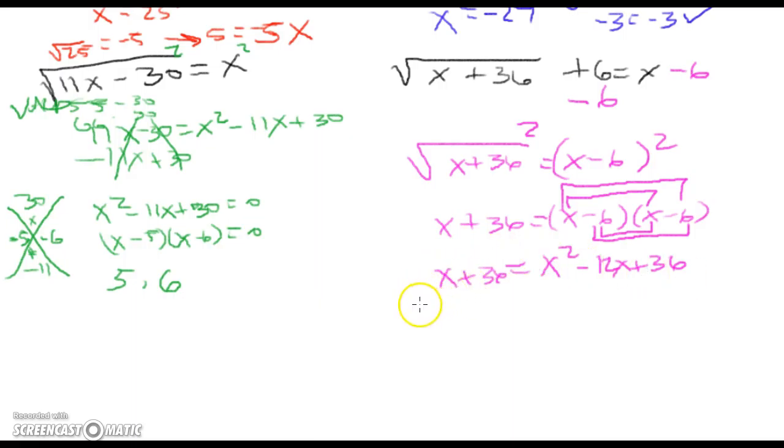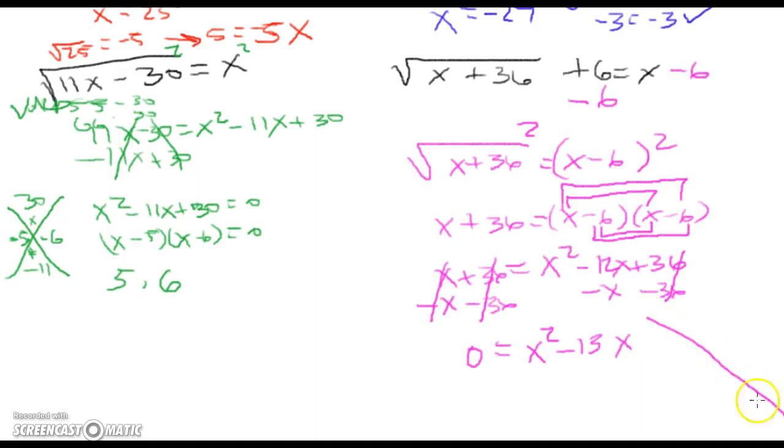I go ahead and use my inverse operation, so I subtract x, and I subtract x, and that is 0 now. And then I subtract 36 and subtract 36. Well, 36 minus 36 is 0. 36 minus 36 over here again is 0. And I'm just left with 0 is equal to x squared minus 13x.